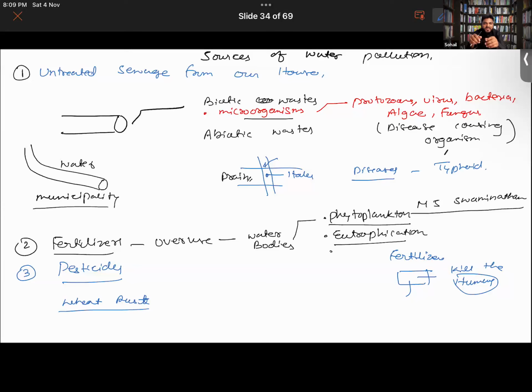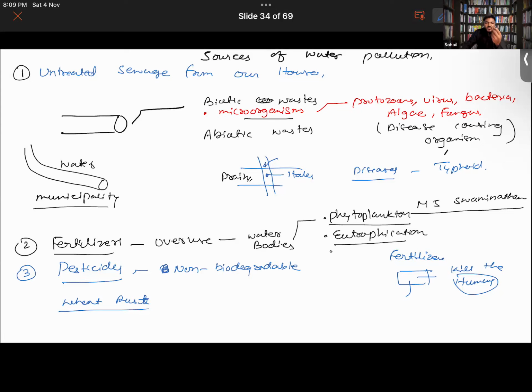Now what are pesticides? We get to see that this is a non-biodegradable substance. There are two types of substances, one that gets dissolved into the soil, in the environment, and one that does not get dissolved.